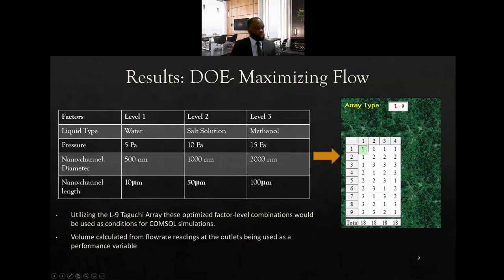Some of the factors that we've identified that affect the flow are liquid type, pressure, nanochannel diameter, and nanochannel length. Basically, we did a Taguchi L9 DOE and managed to reduce what would normally be 81 experiments to an optimized 9 experiments in order to choose the best combinations for this entire DOE right here.